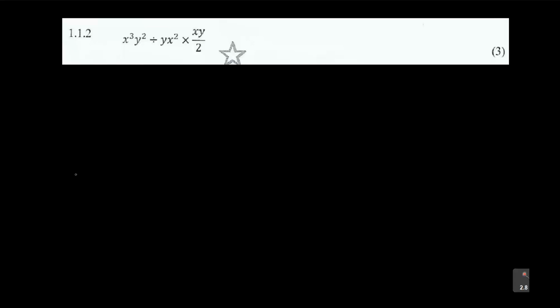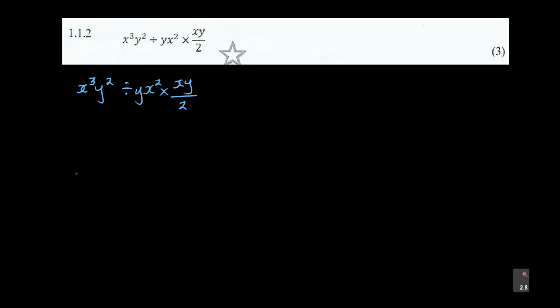So what I did here, I was given this question, and this is the method that I used. I had x cubed y squared divided by yx squared times xy over 2. And I did use, as you said, BODMAS to say I'll start with the division, but this is how I applied the BODMAS.